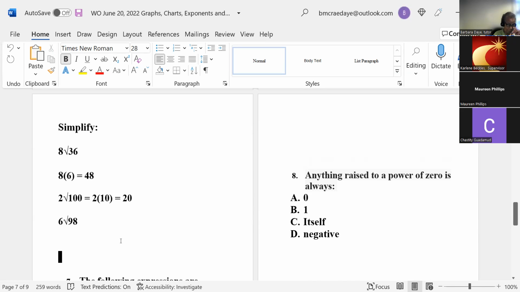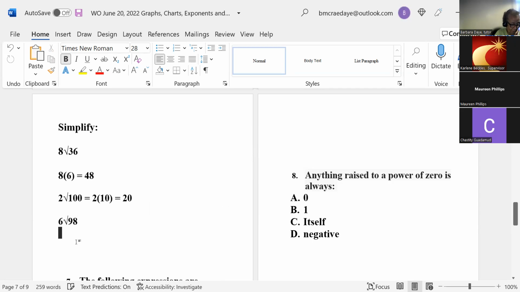Let me see. 49. Right? The answer. Okay, the square root of 49. So let's copy this again and put what you're telling me: 6 times the square root of 98.